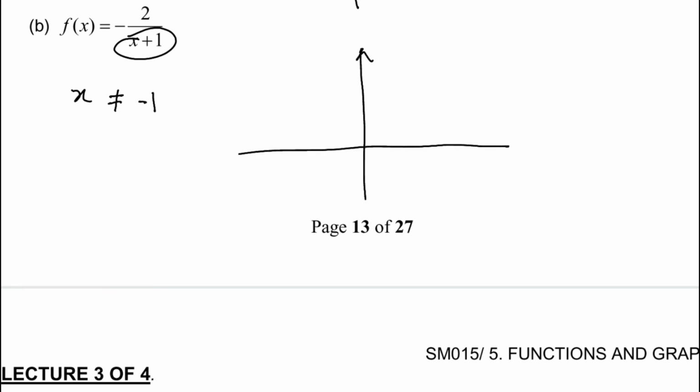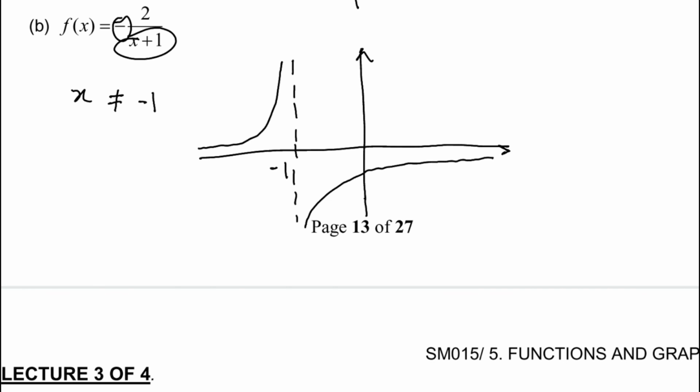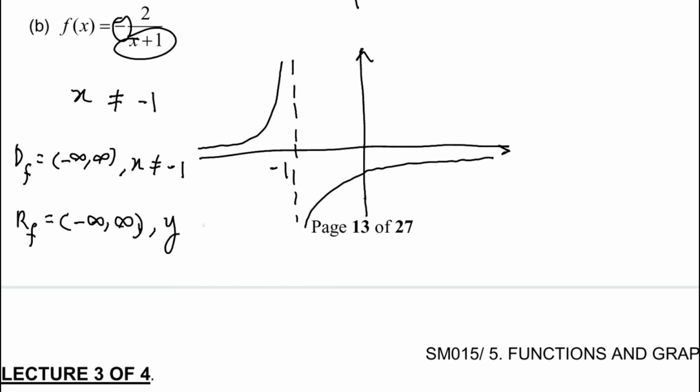So here -1, and since it's negative, the graph will be like this. So the domain will be negative infinity to infinity, x cannot be -1, and the range will be negative infinity to infinity, y cannot be 0. Understand?